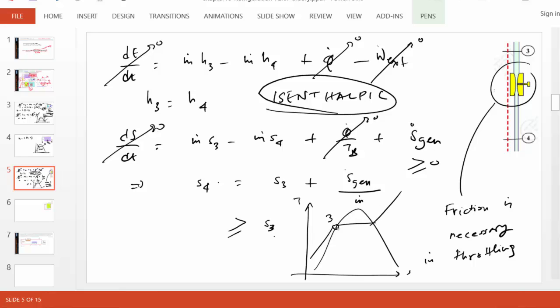State 3 was the condenser exit state, saturated fluid, and pressure must drop. So we must be on this low pressure line, and entropy increases. So what happens is that we move to the right, and that's why it looks like this.